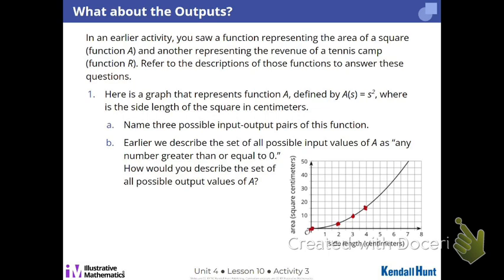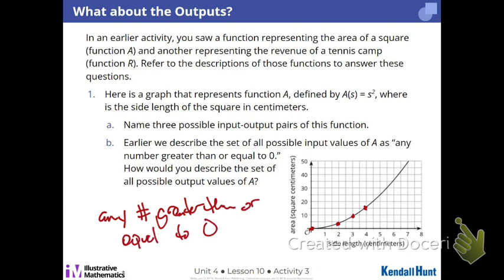Any number greater than or equal to 0. Because the lowest thing that could go for the input is 0. 0 squared is 0. Then the next thing, 1 goes in, 1 comes out. 2 goes in, 4 comes out. So it doesn't say make a rule for the output. It says what numbers could they be? Anything 0 or greater, if you want to use fancy math.